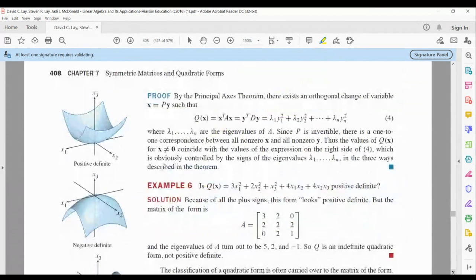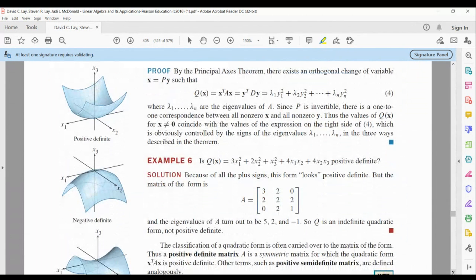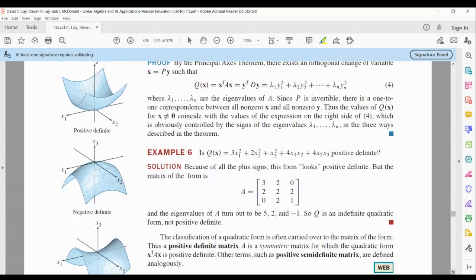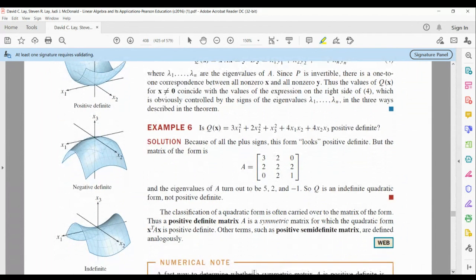We talked about it though. Here they have pictures of positive definite, negative definite, and indefinite graphs. That sums up section 7.2. Are there any questions on that? Okay, let me stop the recording.